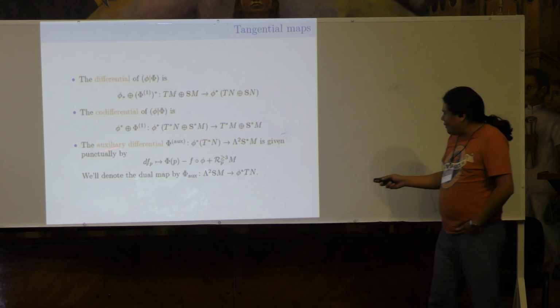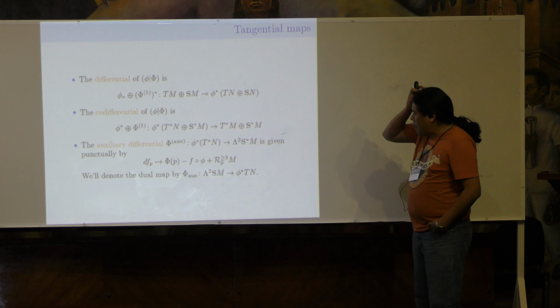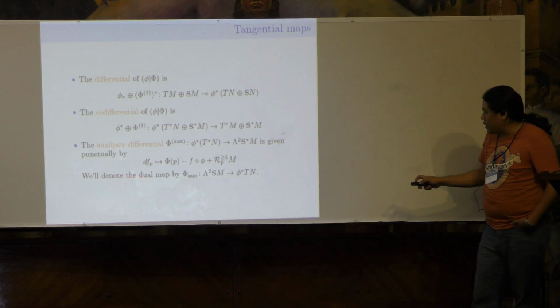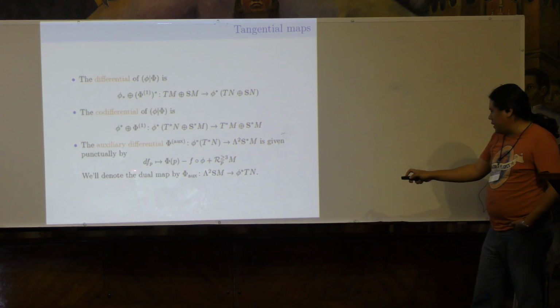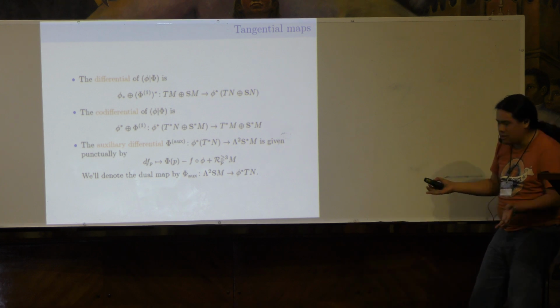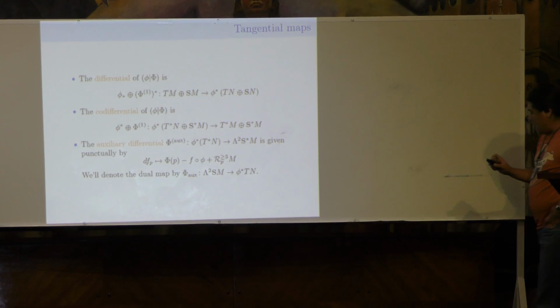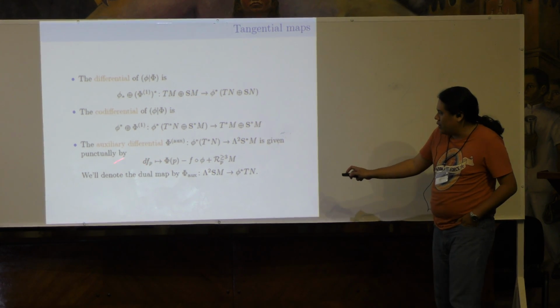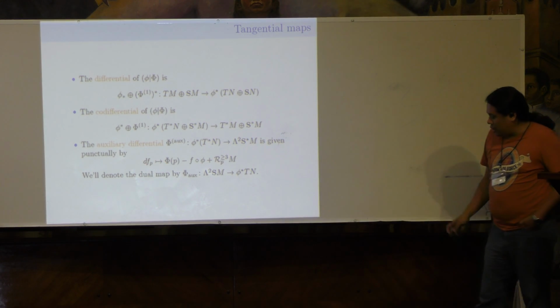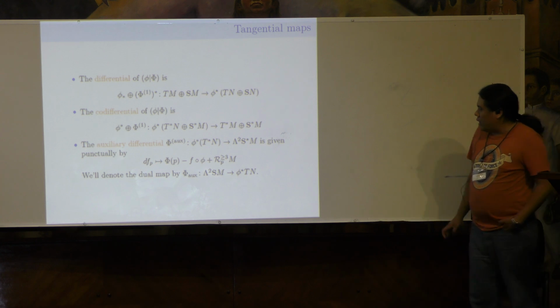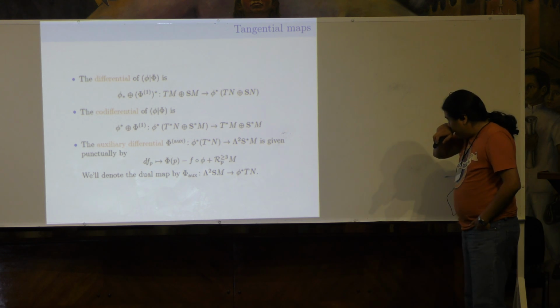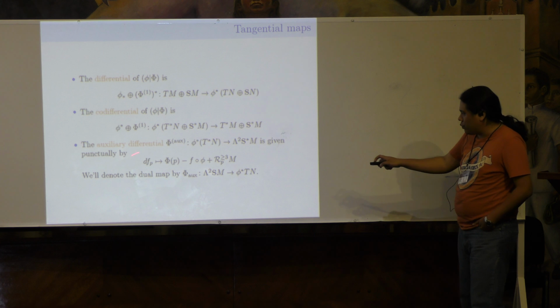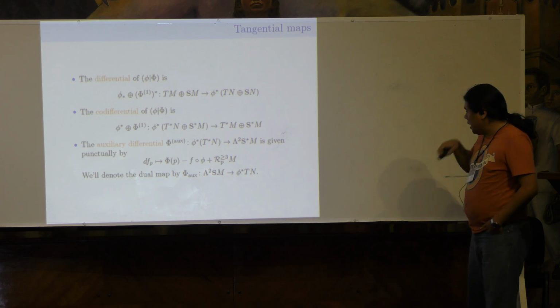And we get a very important map over here, which we call the auxiliary differential. And it's defined by this formula, which makes sense also pointwise. And of course, we are using the fact that around a point we can write every differential one form as the differential of a function.